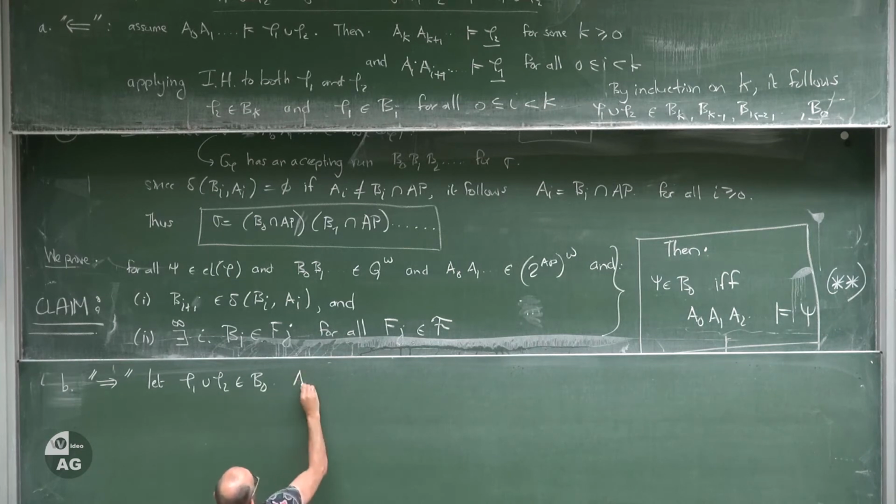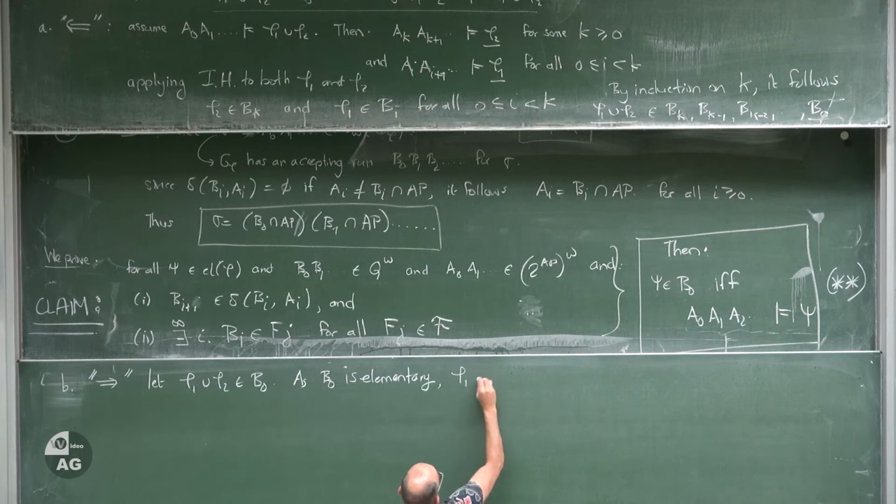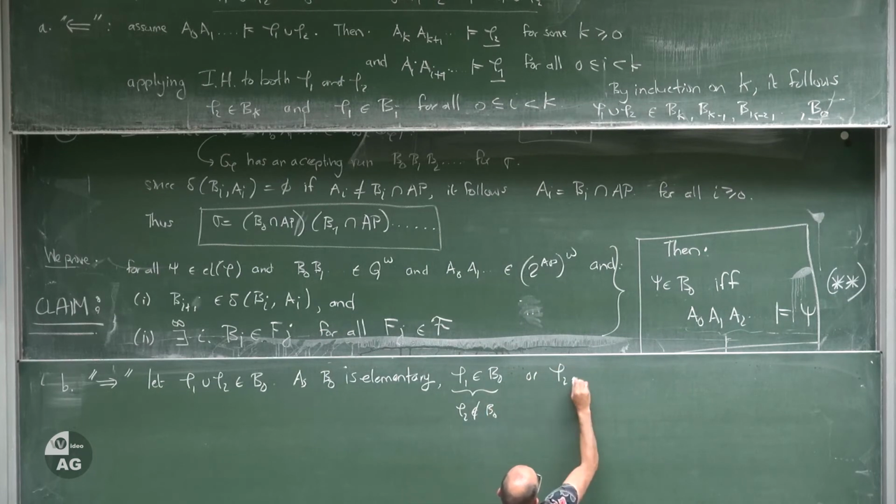So we know that B0 is elementary. Why do we know this? Because all the B's are states in my Büchi automaton and all states are by definition elementary. By using this, I know that either phi 1 belongs to B0 and phi 2 is not in B0, or phi 2 belongs to B0.